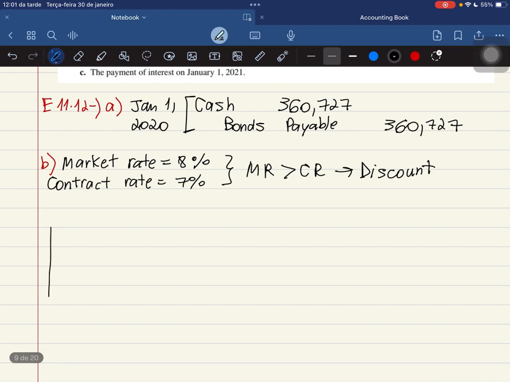When you make premium amortization or discount amortization tables, I recommend you have 5 columns.